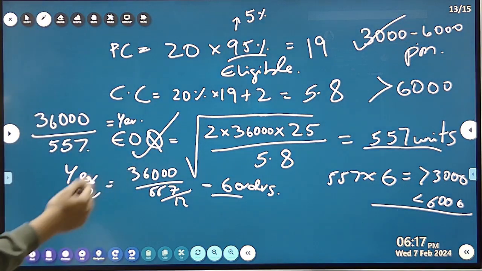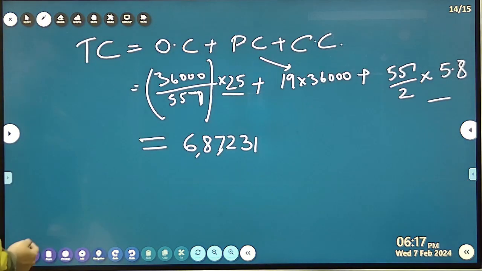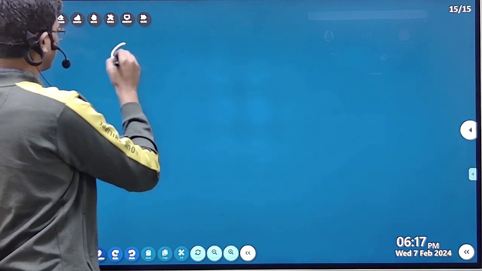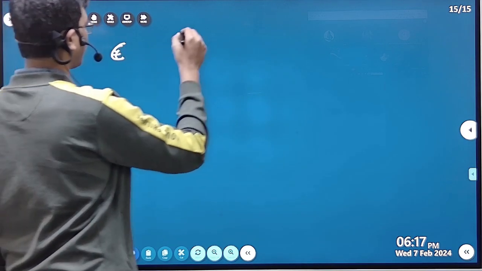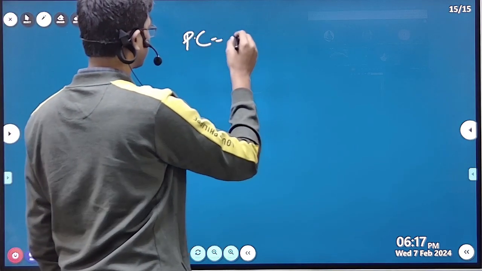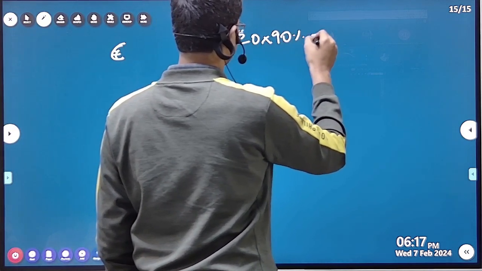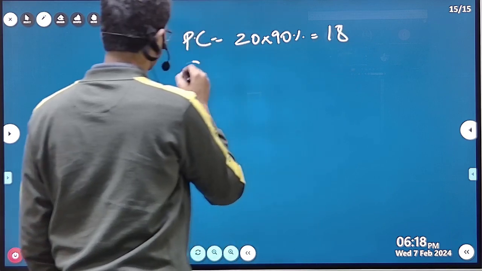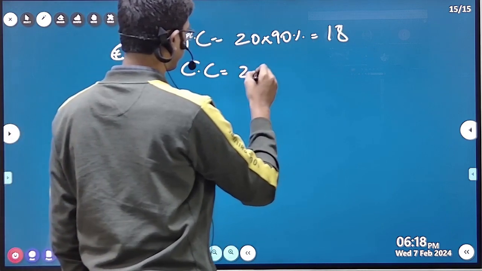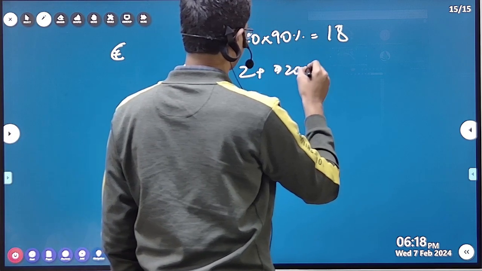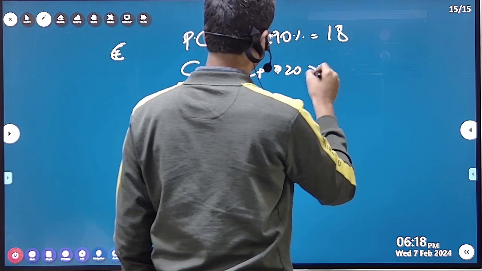So let's calculate the EOQ at the new price. Here you will have your purchase cost as 20 into 90%, that is 18. Your carrying cost is 2 plus 20% into 18.